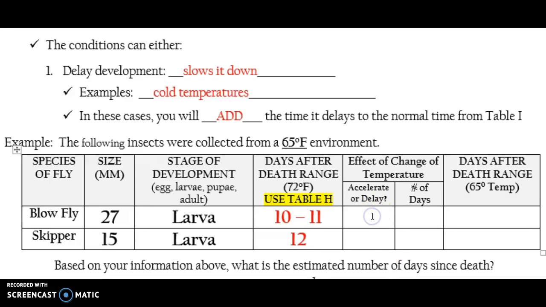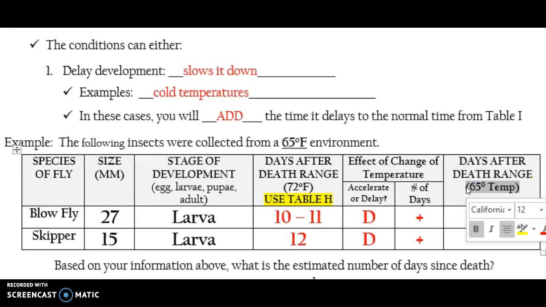The first thing we're going to fill out is whether or not it accelerates. Again, we're dealing with cold temperatures, so both of them will delay. I like to put in the plus or the minus. You don't necessarily have to do that, it just makes it easier for me to remember.